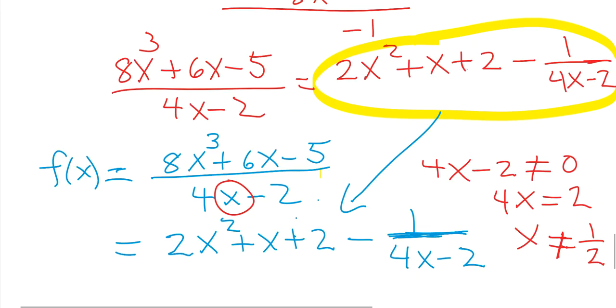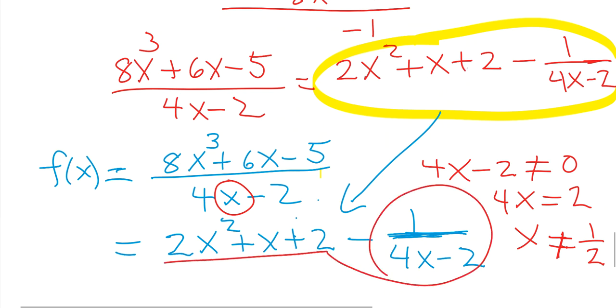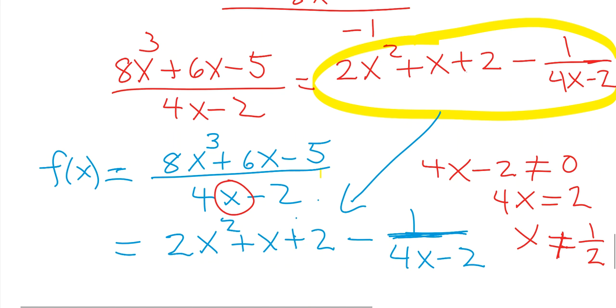Look at the quotient. The quotient is 2x squared plus x plus 2. What if x becomes really, really large? If x becomes really, really large, this last term goes to 0, because as x becomes larger and larger, 1 over 4 times a huge number is really going to be 0.